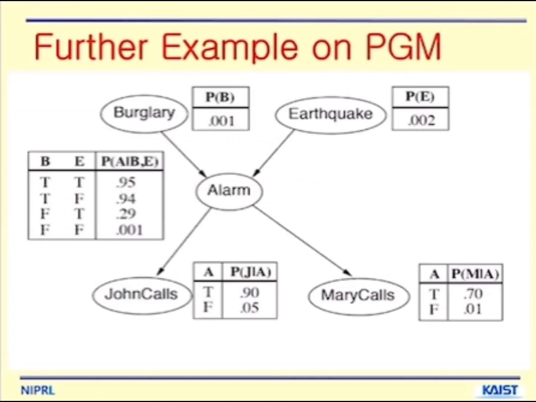For instance, here, the probability of B complement will be 1 minus 0.001. Any question with that? Then what about the probability of E complement? That will be 1 minus 0.002. Any question?